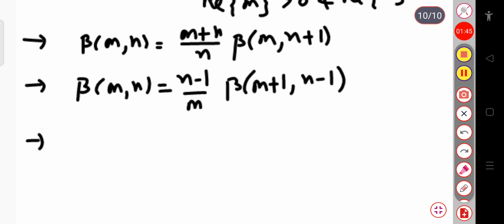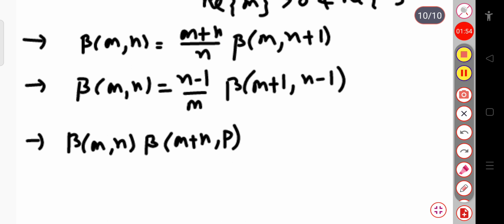And again the next is, if beta of m comma n is multiplied with beta of m plus n comma p, that will be equal to beta of m comma n plus p and beta of n comma p.